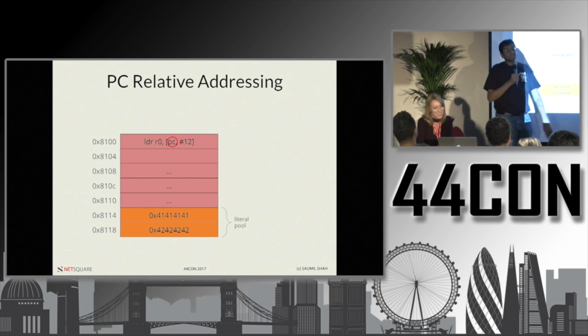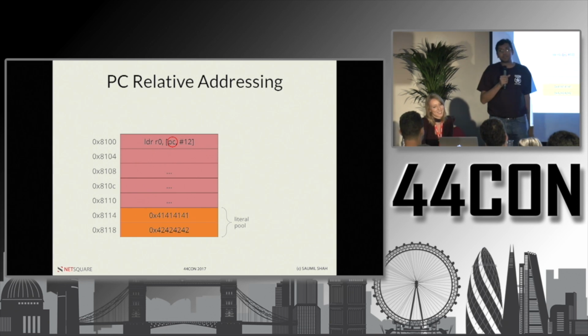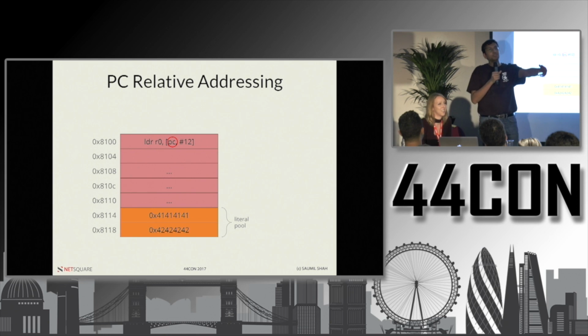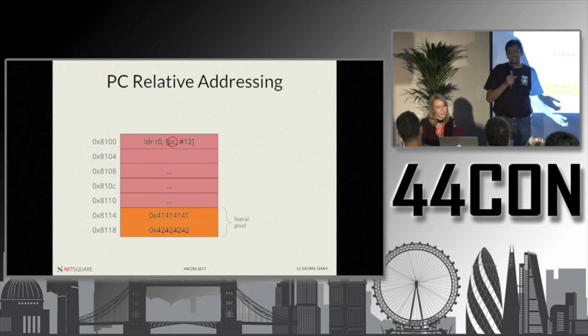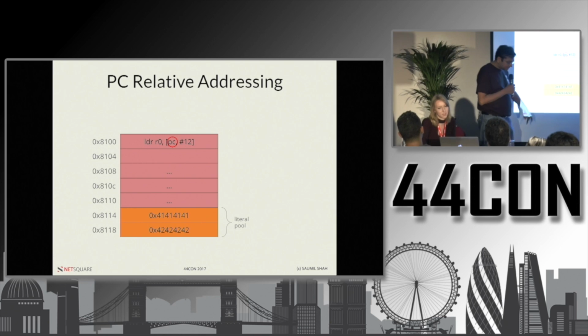In BASIC, there's a statement called READ DATA. You write, at the end of your program, DATA, then all the numbers are in this data section, and every time you read, it will just read from this data. Think of the literal pool exactly like that.